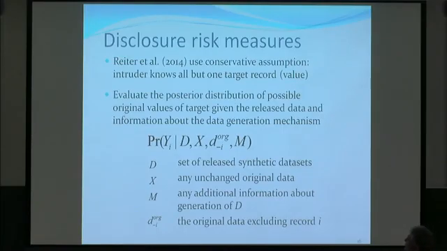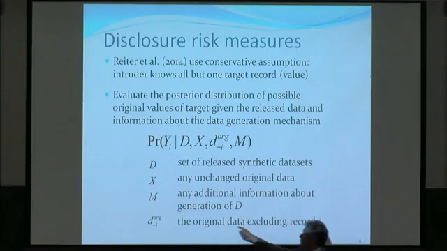But essentially what we're interested in is the posterior distribution of a true value for the ith target, given what's been released, the synthetic data, and some assumptions about what the intruder knows about the generation. In synthetic data, we tend to release all the models that have been used. Sometimes we've released the code that's been used to generate the synthetic data. So we assume that's available. Also any unchanged original data, though with fully synthetic data, there may not be any.